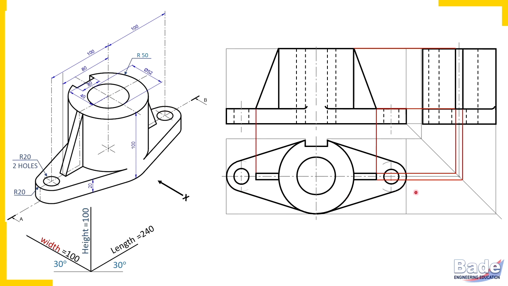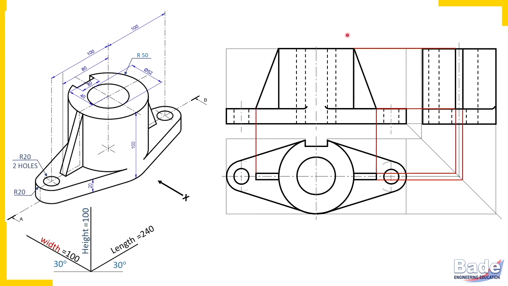So this is the front portion and this is the back portion. So the front portion is to be removed, but not actually, you should not erase it. You should imagine it as a removed portion. This is the front side and this is the back side. The front portion is to be imagined removed. Remember, in sectional views, the portion nearer to the observer is to be imagined removed.